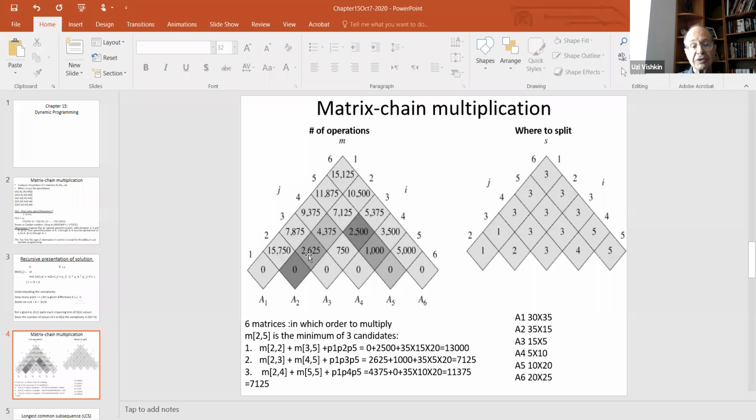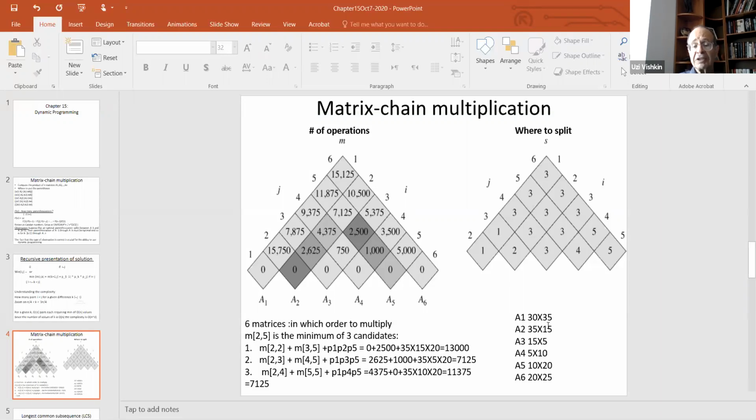The other option was to multiply first A2 times A3, and now how much do we need to add to it? We need to add to it 30 times 35 times 5, right? You see why? Because I already multiplied A2 times A3, so I've already overcome the 15.